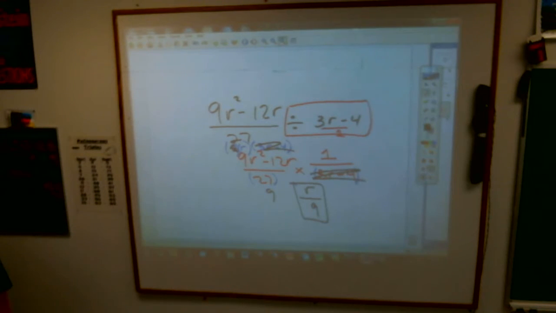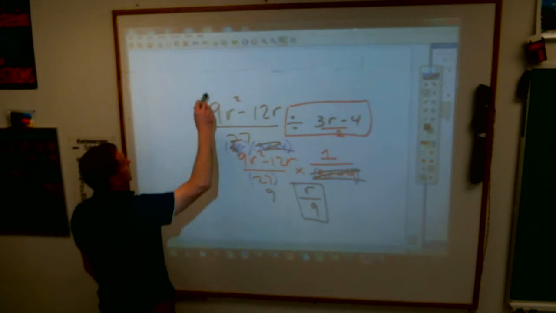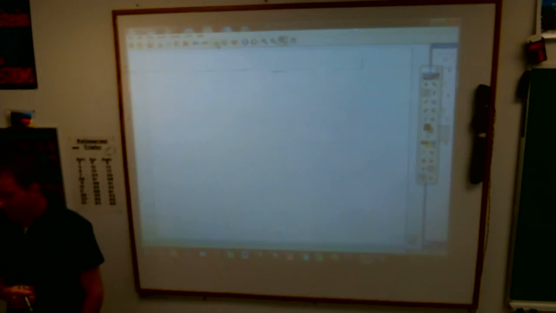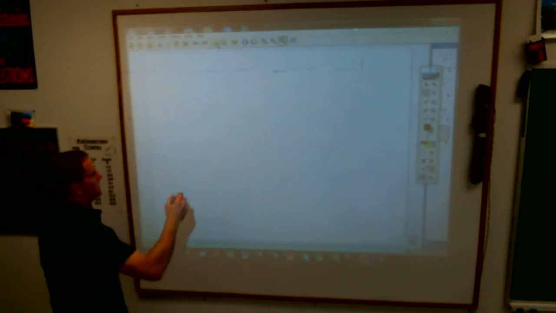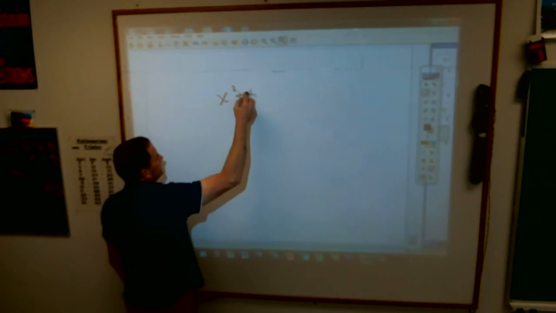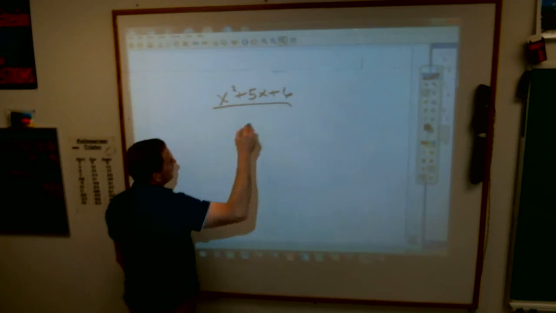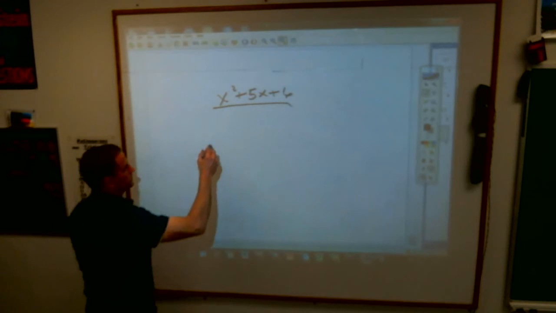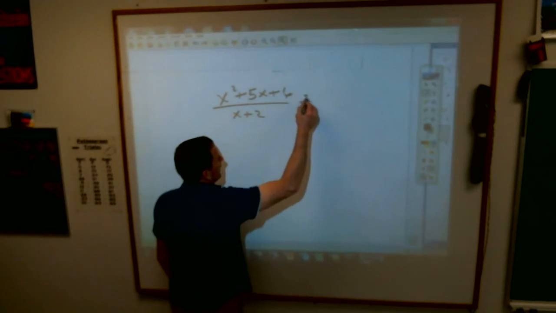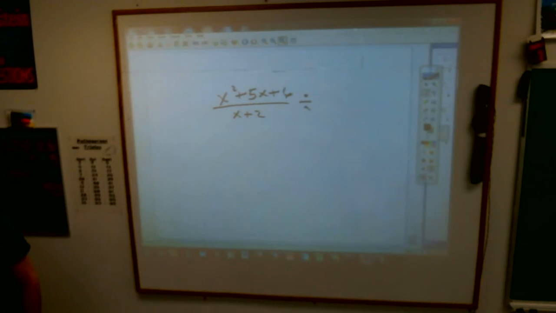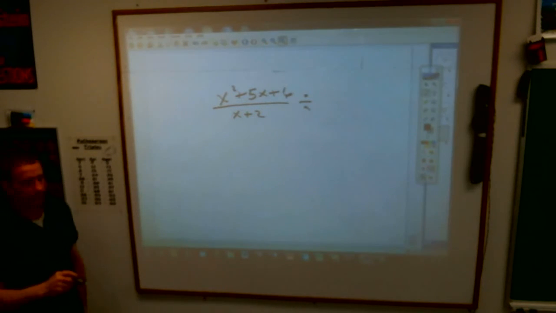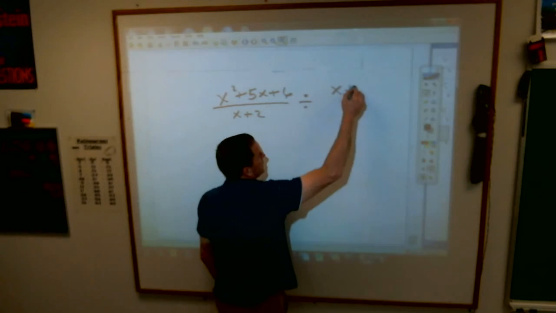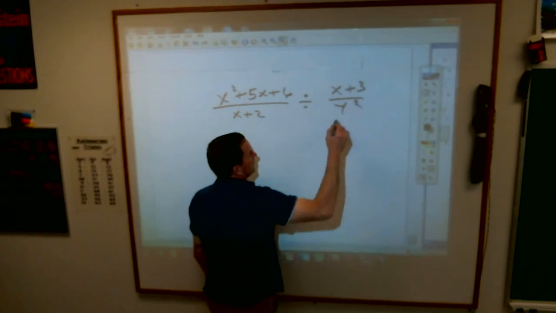Here, I'll give you one, you see if you can come up with the answer. How about this? x squared plus 5x plus 6 over x plus 2, divided by x plus 3 over y squared.